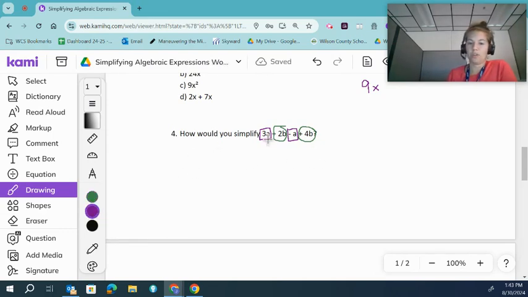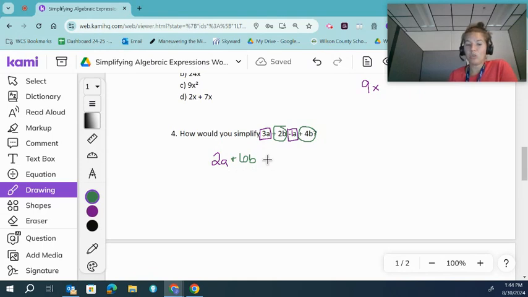So 3a minus a, this imaginary 1 as your coefficient there. So 3a minus 1a gives you 2a. Then we have 2b, which is a positive 2b, plus 4b. We combine those, we get positive 6b. Then your expression is 2a plus 6b.